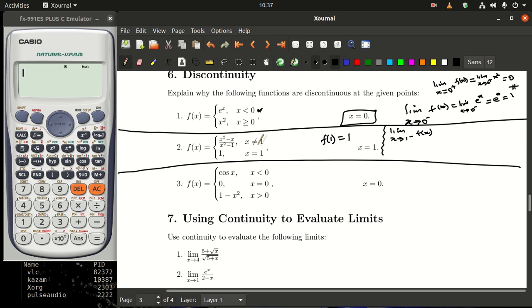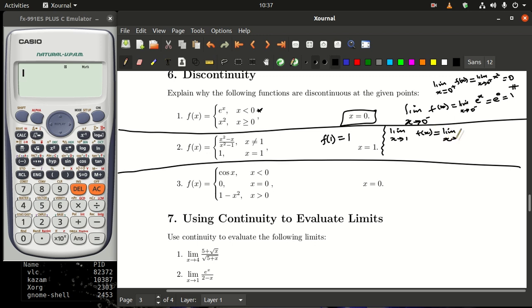And secondly, if I am picking a value on the right of 1, x is equal to some value on the right of 1 will fall here.